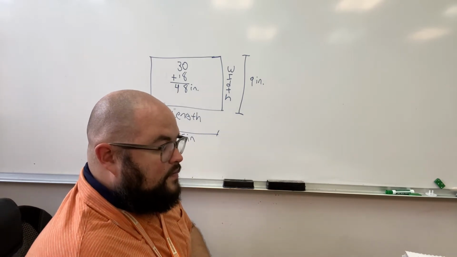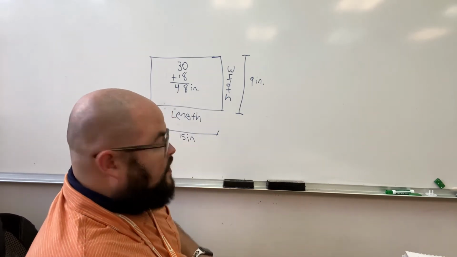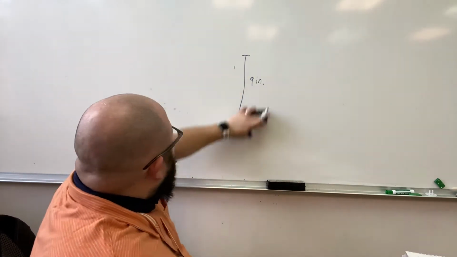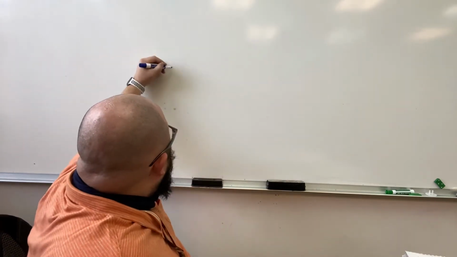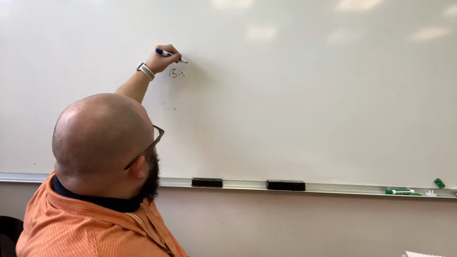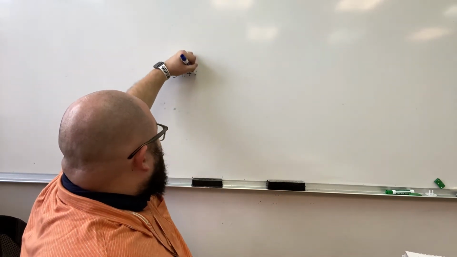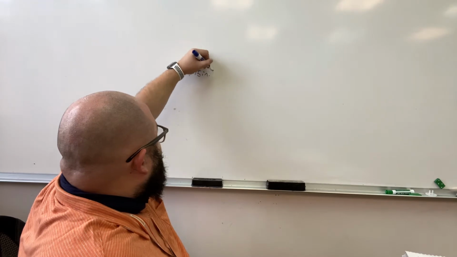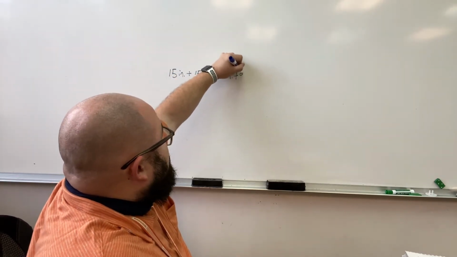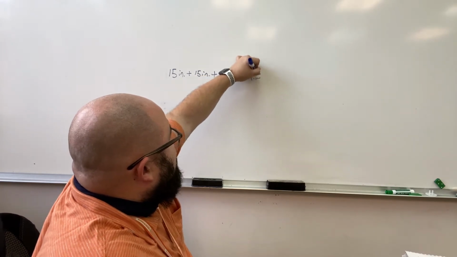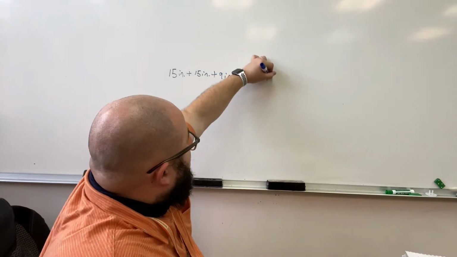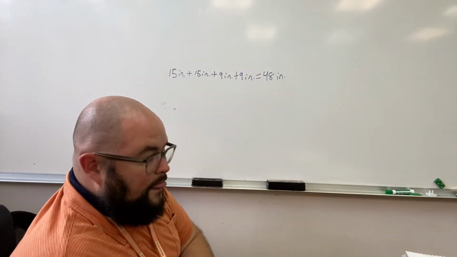Write an equation for the perimeter of a rectangle. So our equation is going to be, we had 15 inches plus 15 inches plus 9 inches plus 9 inches equals how many? 48 inches, right?